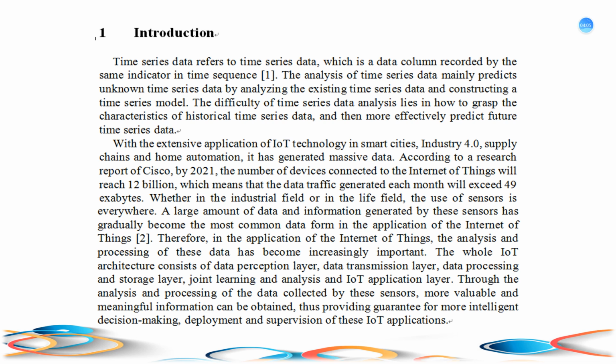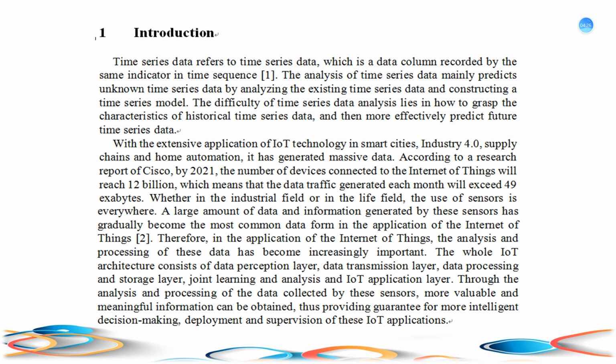Whether in the industrial field or in the life field, the use of sensors is everywhere. A large amount of data and information generated by these sensors has gradually become the most common data form in the application of the Internet of Things.